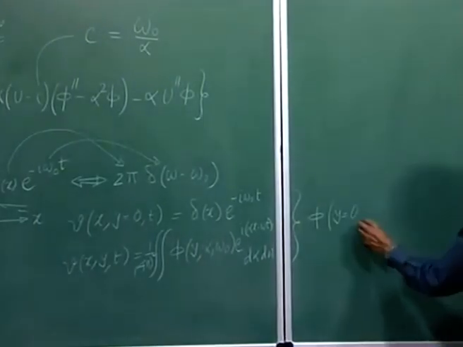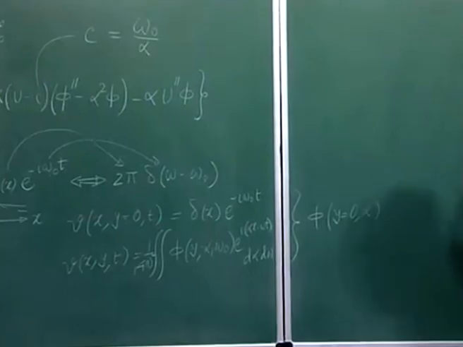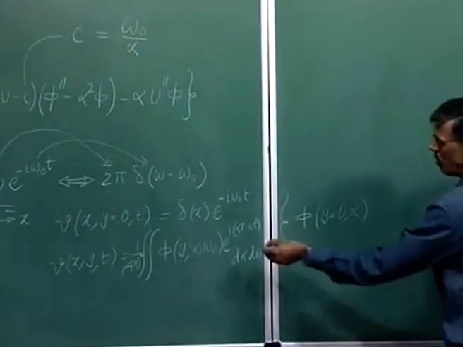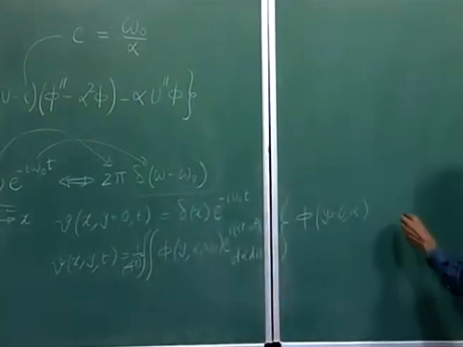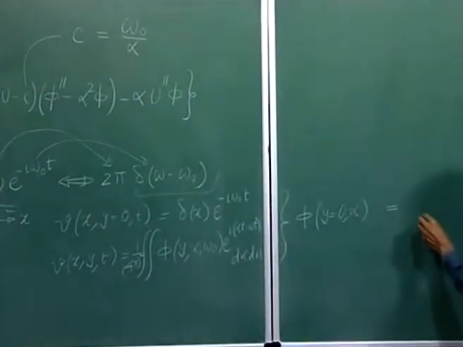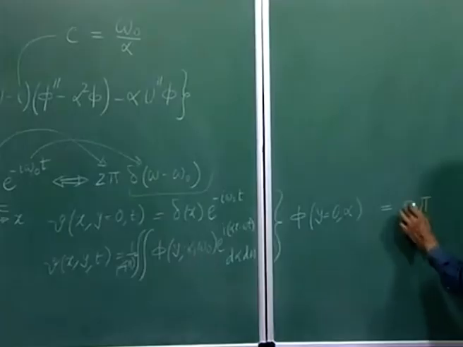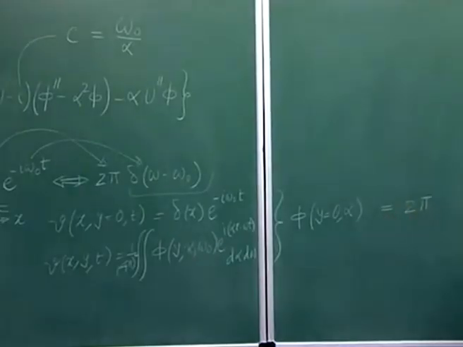It will also be a function of alpha, and because of the signal assumption, this will be simply equal to 2 pi.